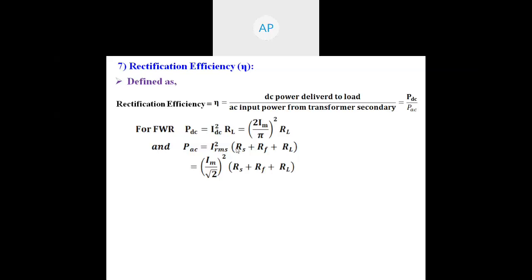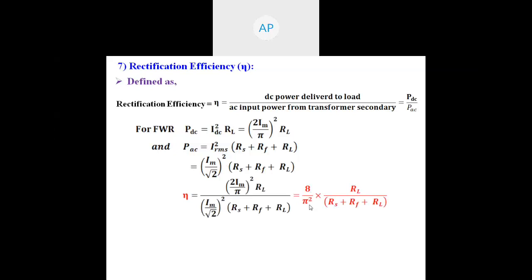Similarly, PAC can be given as IRMS square into the resistance offered by that entire branch, RS plus RF plus RL. So if you plug all these in, the efficiency of the circuit is 8 divided by pi square into RL divided by RS plus RF plus RL.